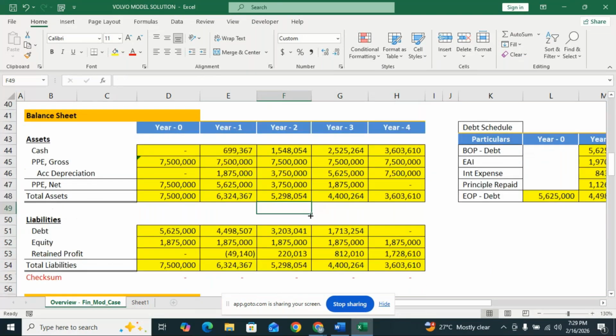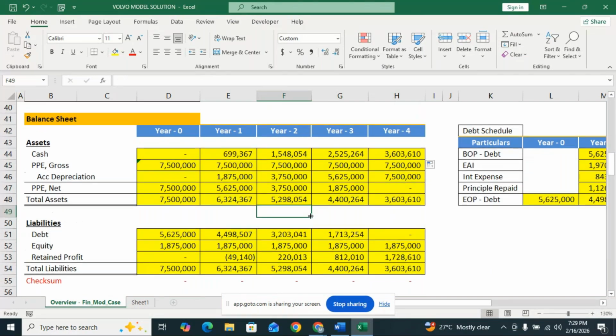So please make sure you get the same value of total assets. How do you compute the cash in assets? Just take the cell referencing from year one. Now for year zero, it will be nil itself.